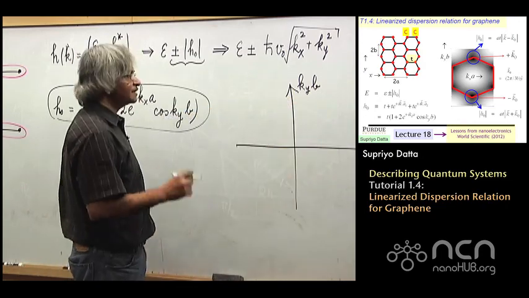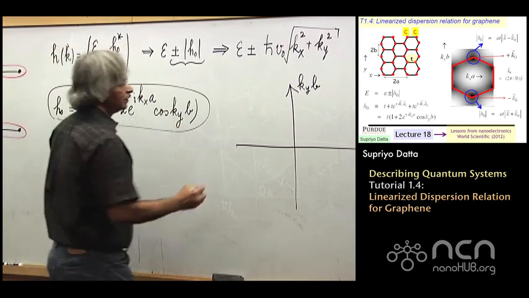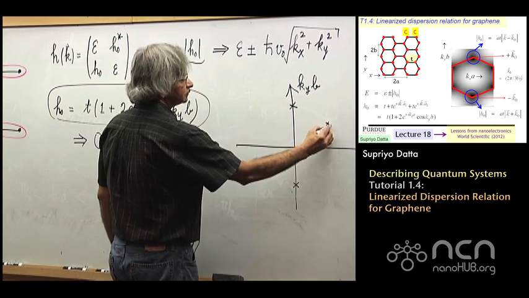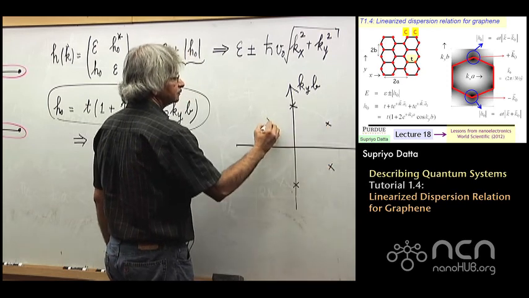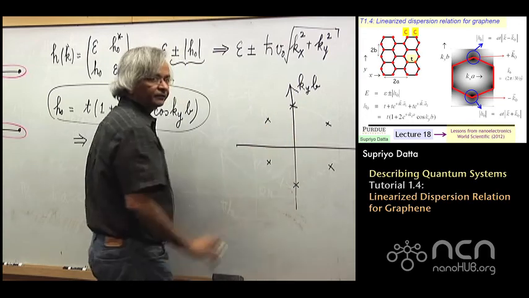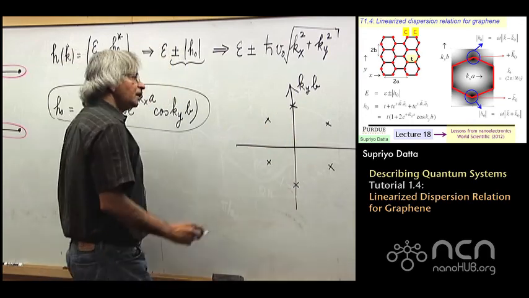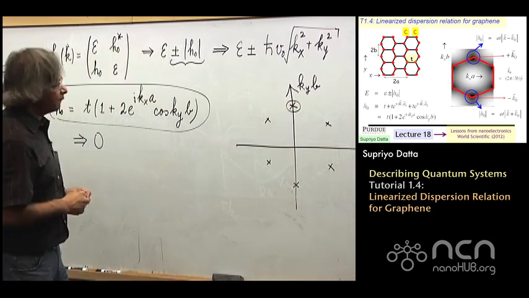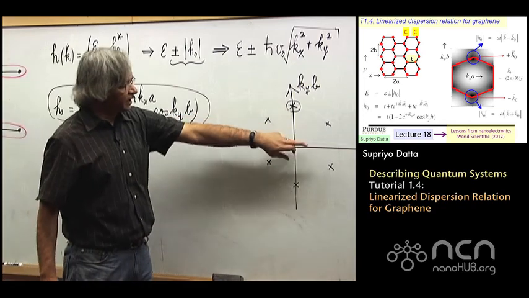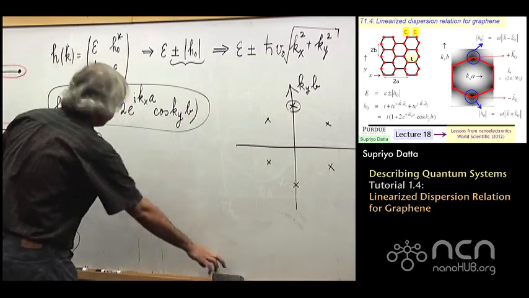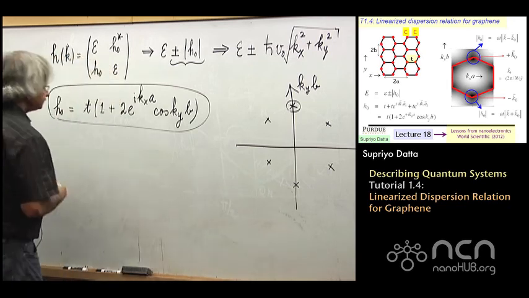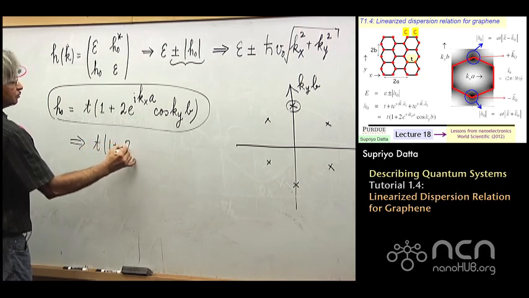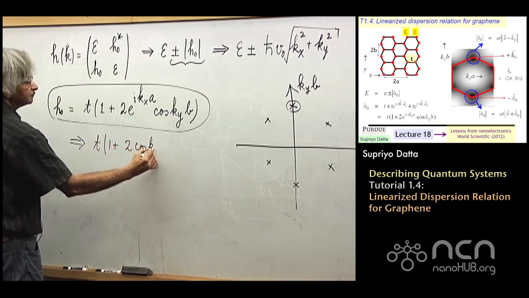And actually what you'd find is that the places where this goes to 0 are a place here, a place here, one around here, and one around there, one around here, one around there. Something like this. Now, let's consider that one, for example. That point corresponds to Kx equal to 0. So if Kx is equal to 0, this becomes T times 1 plus 2 cosine Kyb.